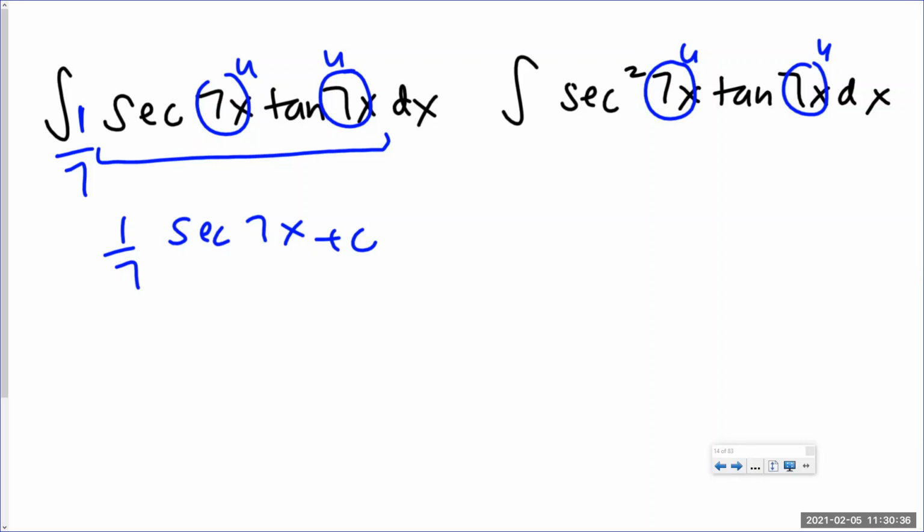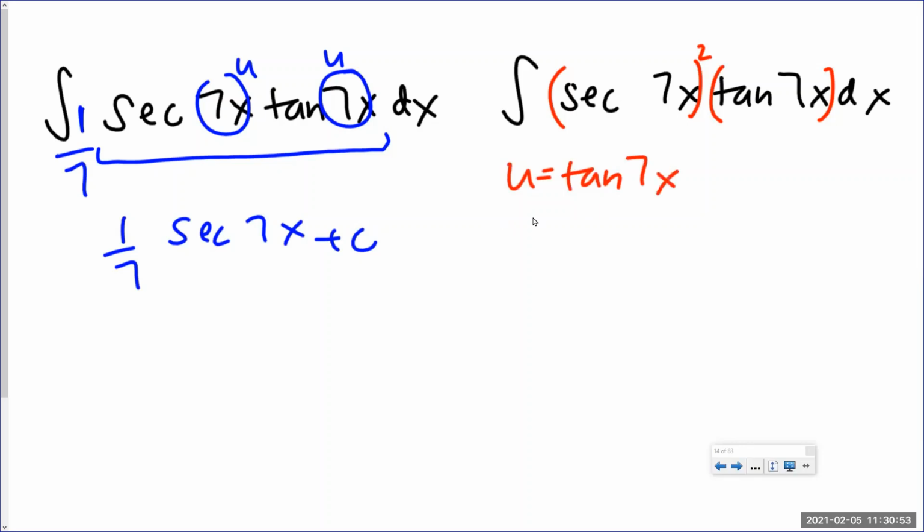What would be the long cut then? That just means that's not your u. What else could be my u possibly? Tangent. So guys, for this problem, tangent 7x is your u. If you wanted to rewrite the secant squared, you can also, but actually the tangent's going to be your u here, okay? And you would take the derivative of tangent.